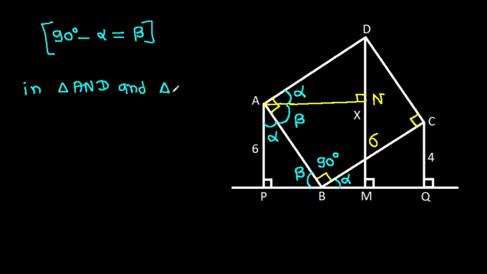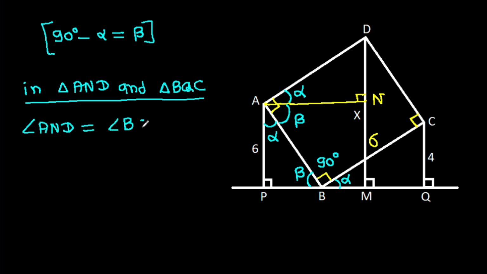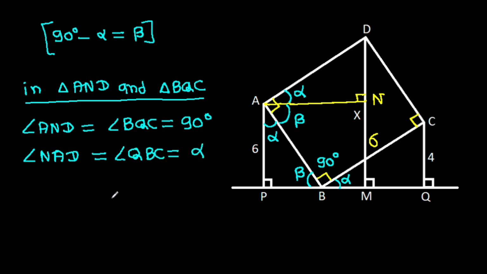and triangle BQC, we have angle AND is equal to angle BQC, that is 90 degrees, and angle NAD is equal to angle QBC, that is alpha, and AD will be equal to BC, because ABCD is a rectangle.